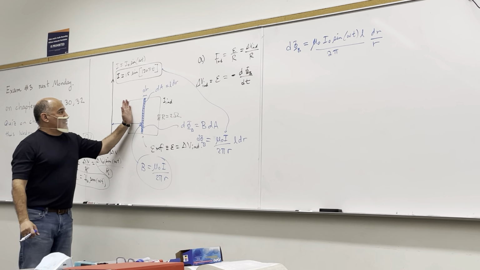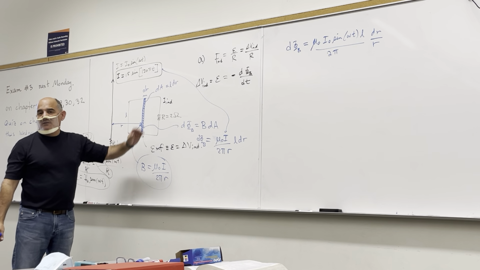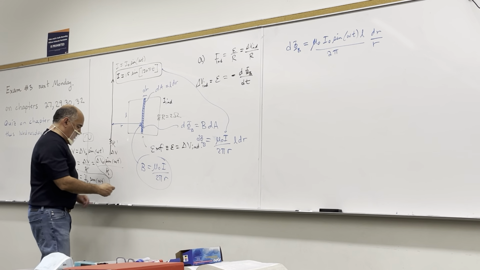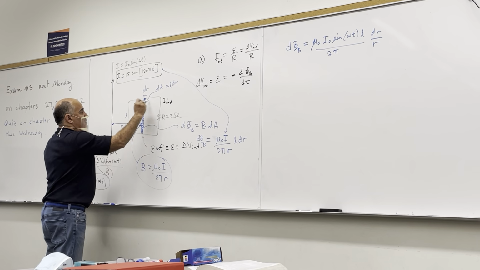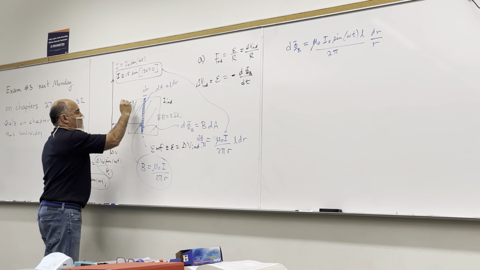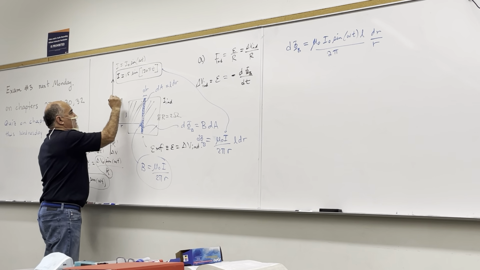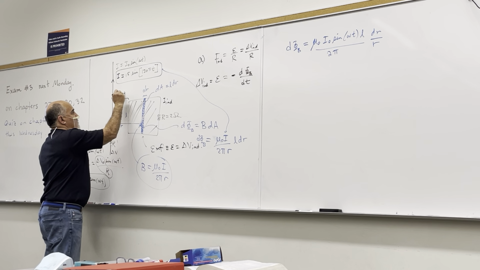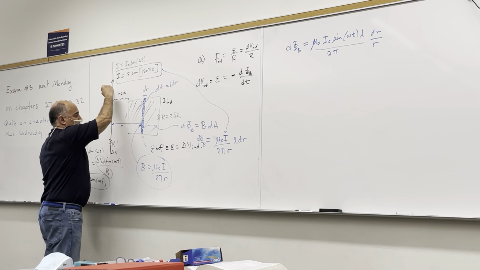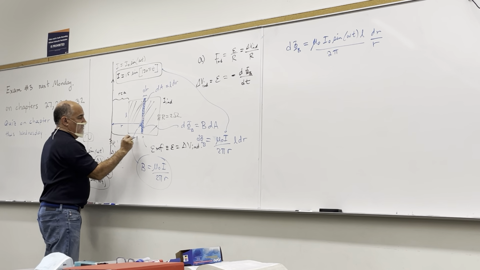Now, what's the total magnetic flux through this loop? The integral. Let me call this distance A, and how about I call this distance B?